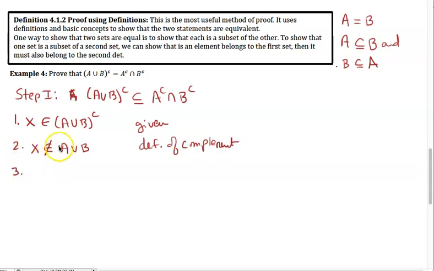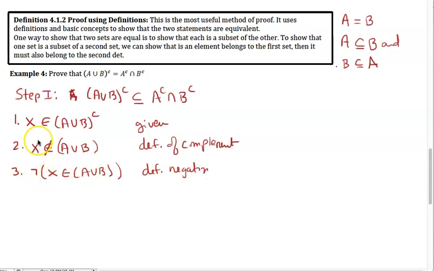Okay, now I'm going to say that it's not true that X is in the intersection of A union B. This is just the definition of what a negation means.